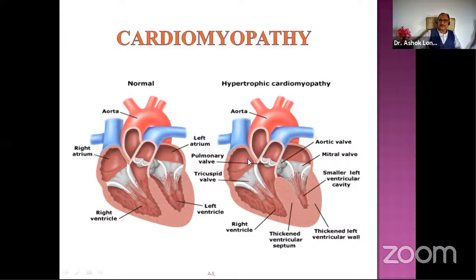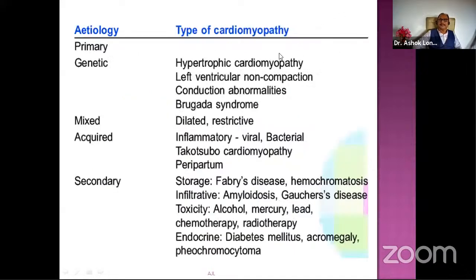Compared to the upper chambers, the ventricular walls are thick, because they are supposed to contract, so they are always large. But in cardiomyopathy, it is more than normal. See, this is normal, so it is more than normal, just for comparison.